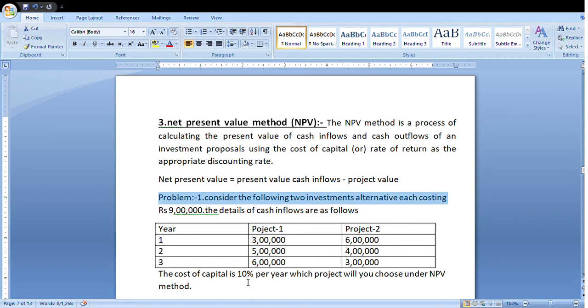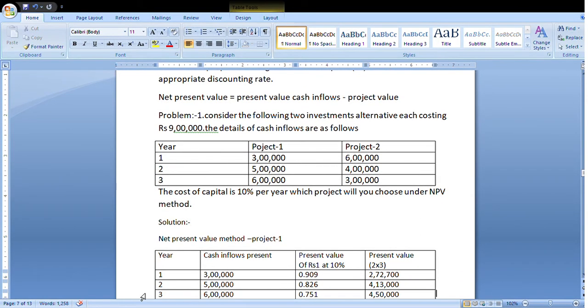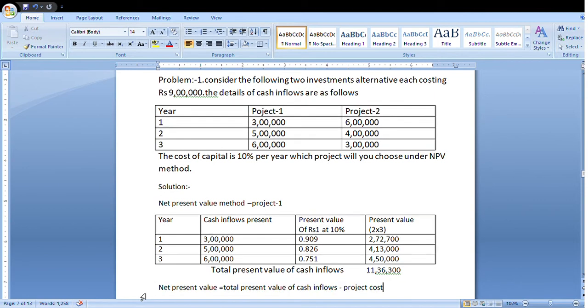Based on this, you calculate the net present values for every year, every project. This is the problem. Solution.